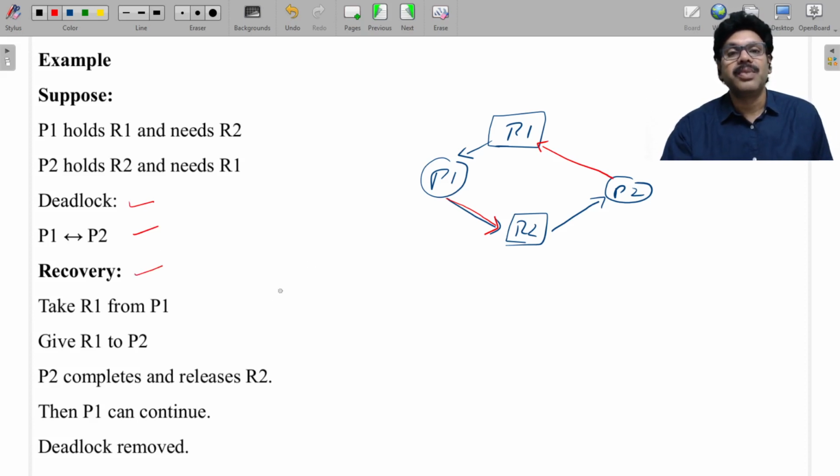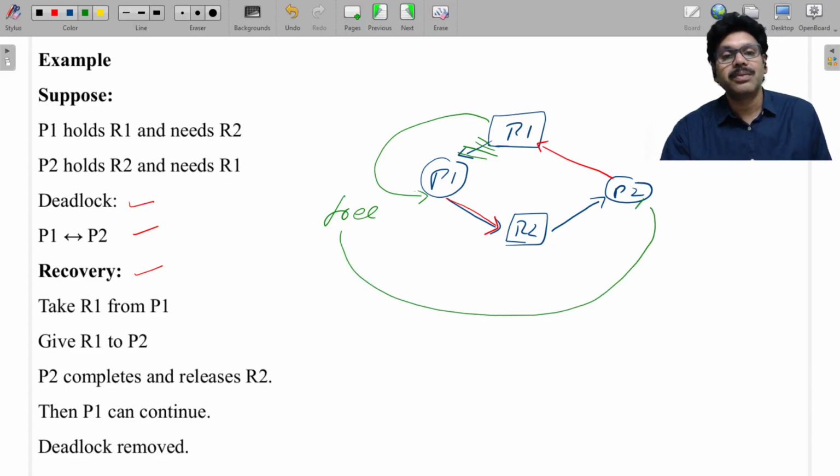Take R1 from P1. This one is completely removed. That means an instance of R1 is free now, because R1 is removed from P1. So R1 is available, and this freely available R1 can be given to P2.